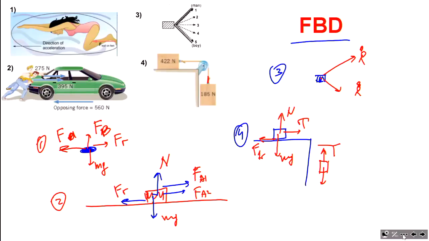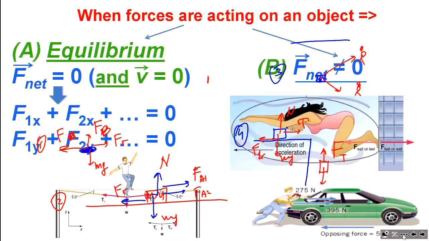Another common symbol for tension is capital F with a subscript. You can choose whatever you like. For any force, any label, any symbol, it does not matter. But you need to know, if you use that letter, what you use it for.